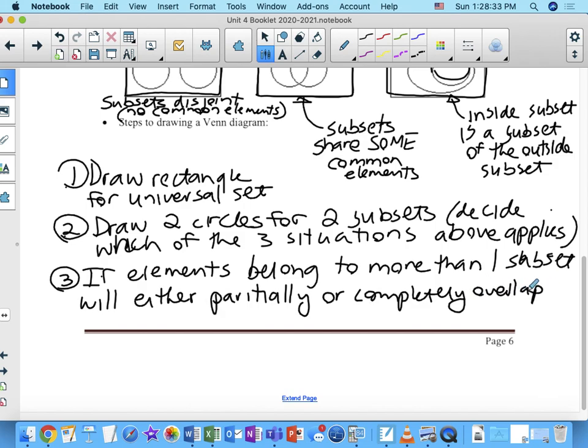Which means we're in one of the two right situations. Okay? And then the final thing that you need to know is that if there's an element that's in the universal set, but that's not in one of the subsets, we have to draw it outside the circles, but inside the rectangle.